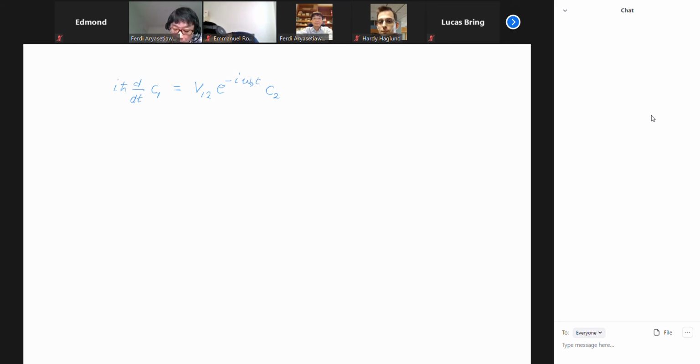So that is equal to gamma. If we plug in the value of this coefficient, then we get e to the i omega minus omega 0 t, times C2.